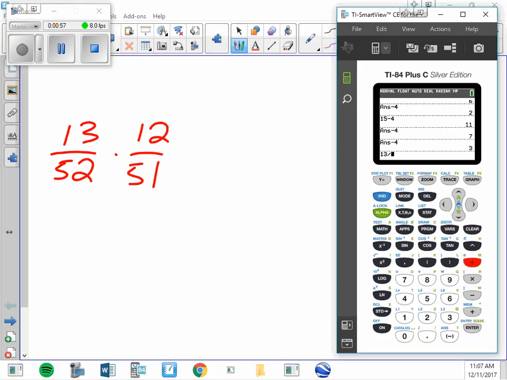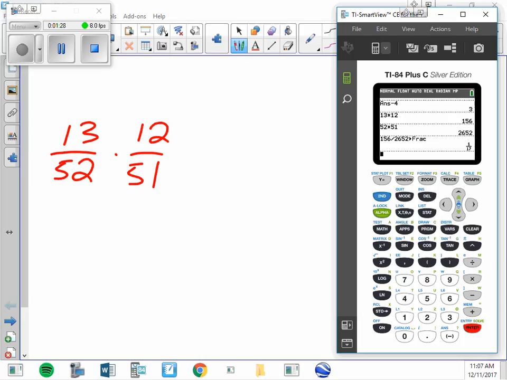So 13 times 12 divided by 52 times 51 is, oh, that's going to simplify. So 156 divided by 2652. One out of 17. Okay.